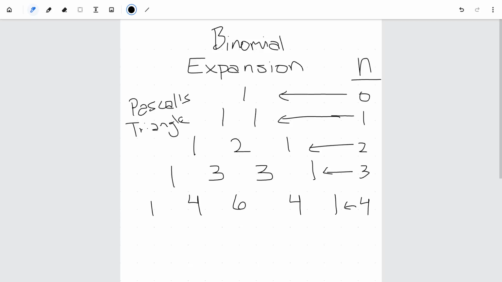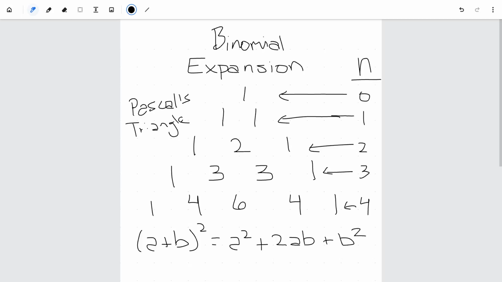Anyways, when you're working with polynomials, a lot of the time you will need to expand them. So for example, (a+b)^2. Now, you might know that this is a^2 + 2ab + b^2. This triangle is helpful for figuring out what the coefficients are going to be in front of the a's and the b's.